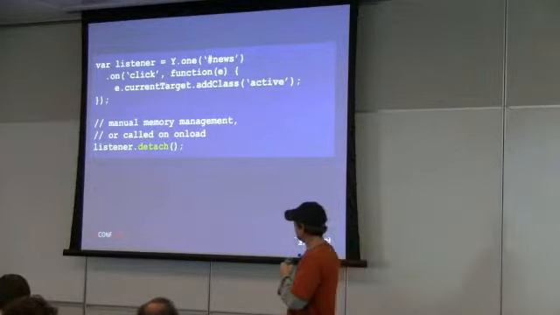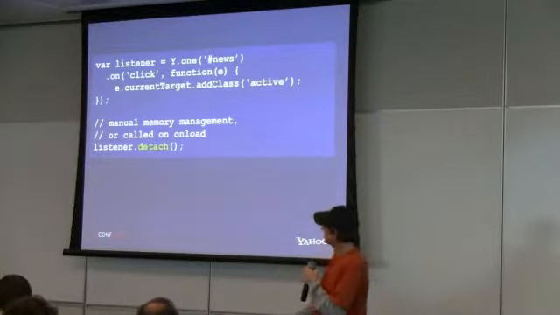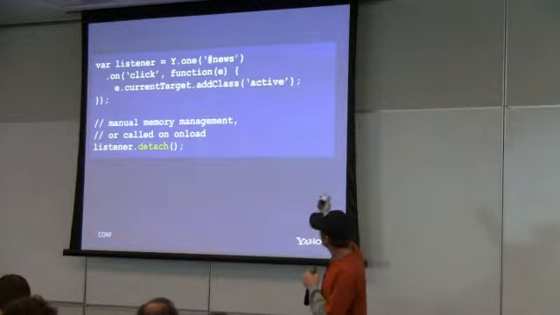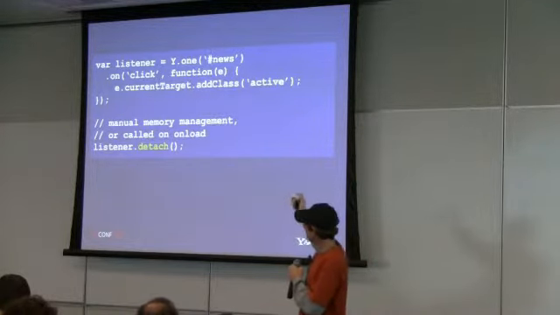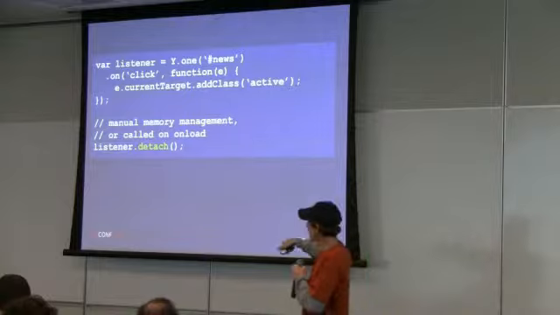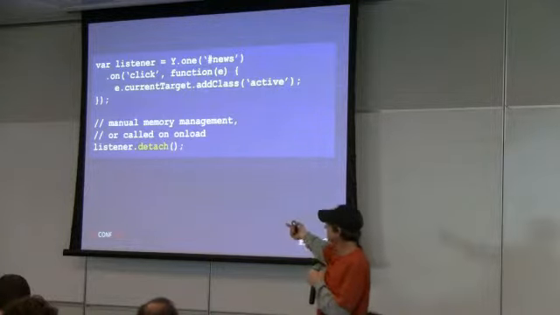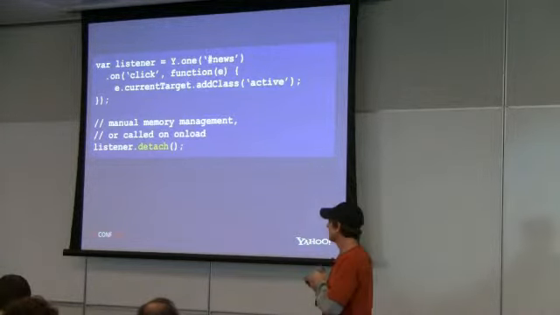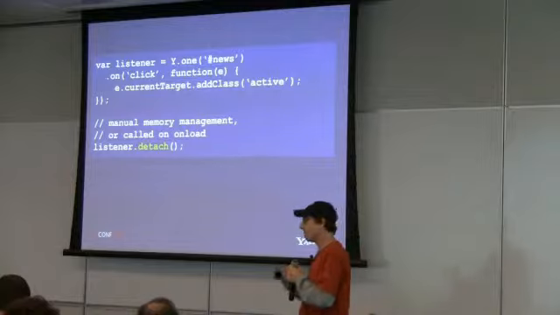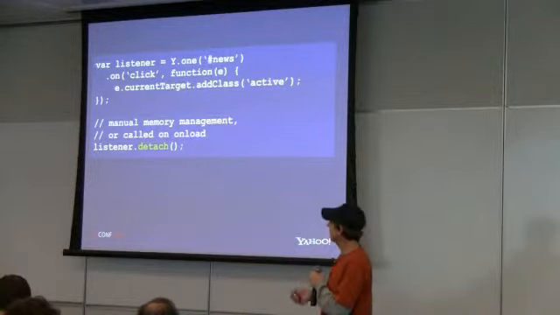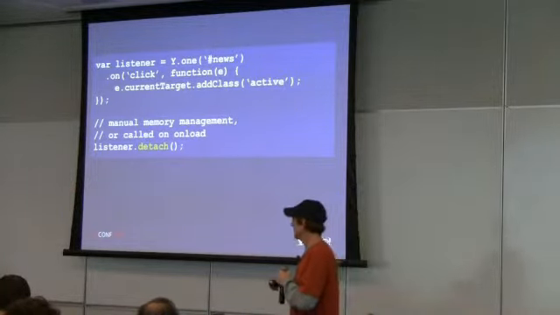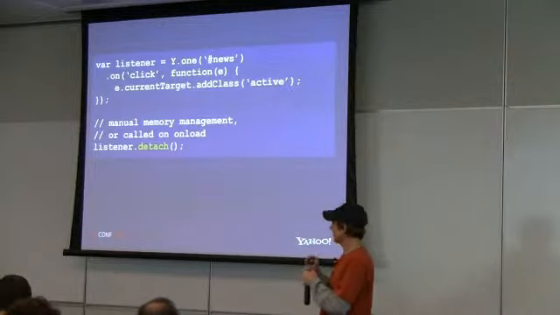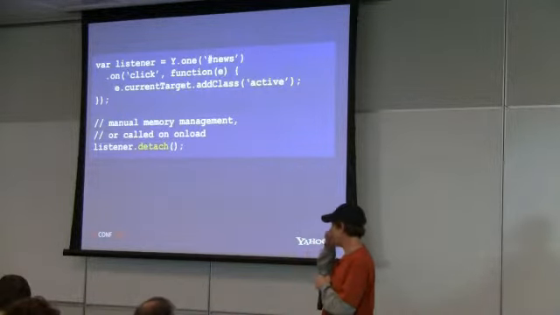Another thing that we provide is a handle to detach your events. So you can see here the event subscription returns a listener. The listener has a detach method. This is one way you can detach events. There's a couple other ways. You generally don't need to do this unless you're really conscious of memory management in your application, or you've got a long-running application that you're potentially adding and removing things, and you want to be able to detach.